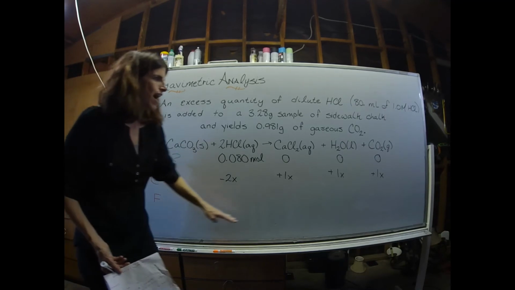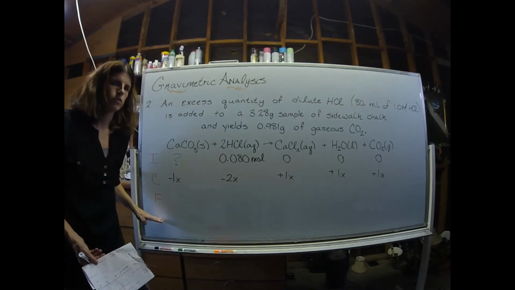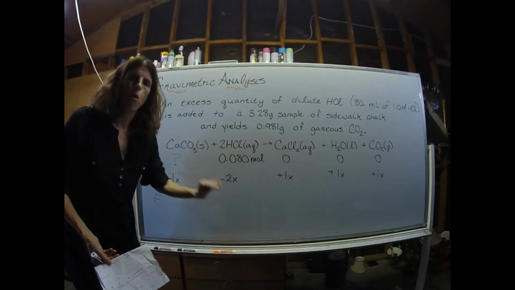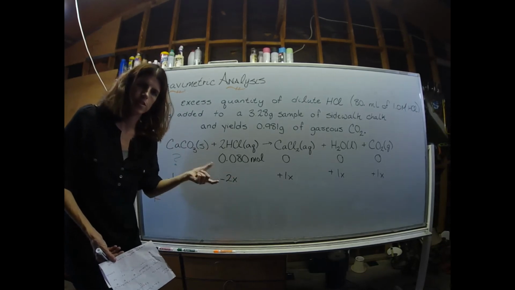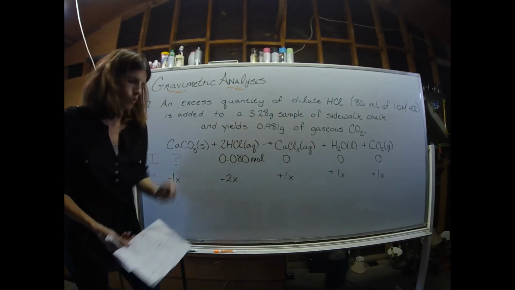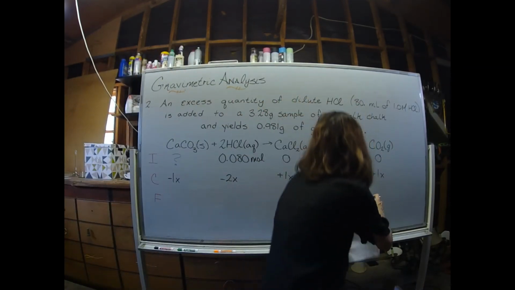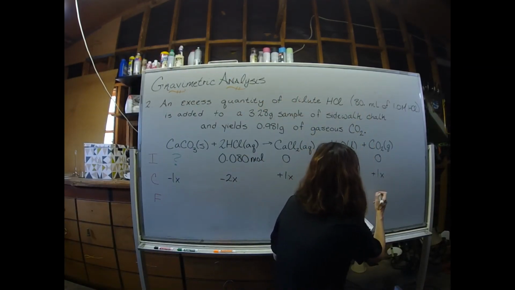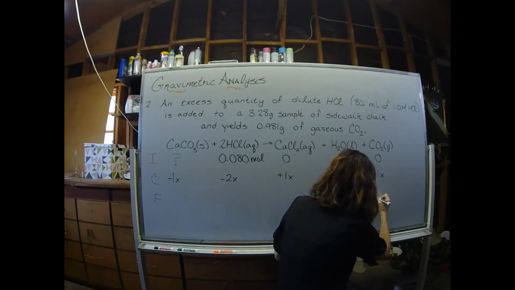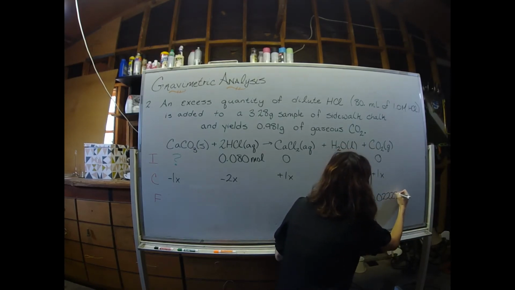So that value belongs in my final line. I'm going to grab the mole value from the previous board here and not use the grams, but that's where it came from. So for carbon dioxide, I'm going to do 0.02229 moles.